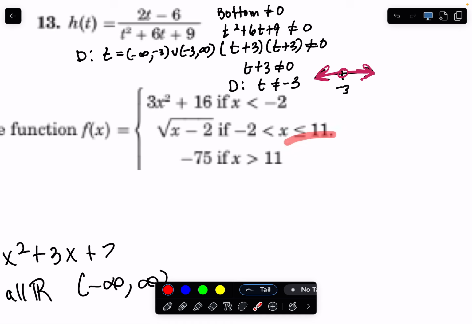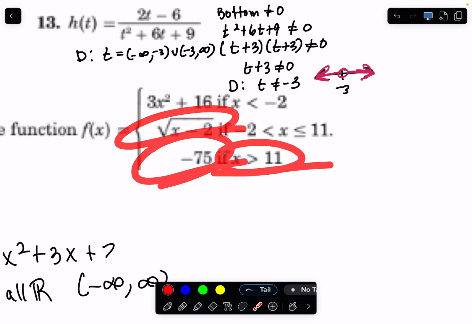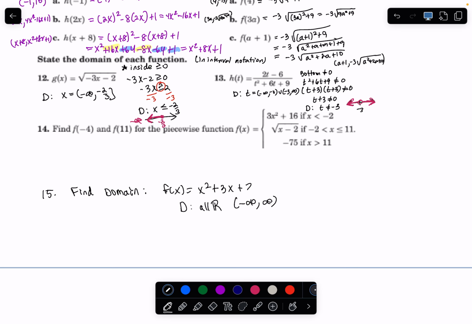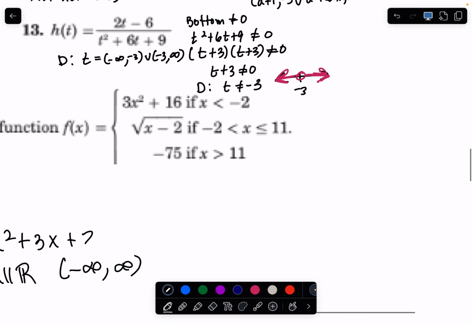Okay. So f of negative 4 goes here. And so that's just 3 times negative 4 squared plus 16. Negative 4 squared is going to be 16. 3 times 16 is 48, plus 16 is 64. So if I plug in negative 4, I have to use this top piece because it's a value less than negative 2.